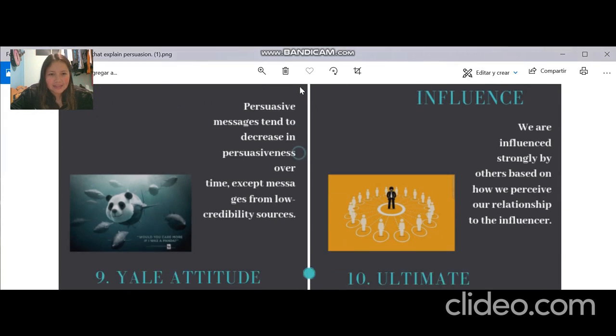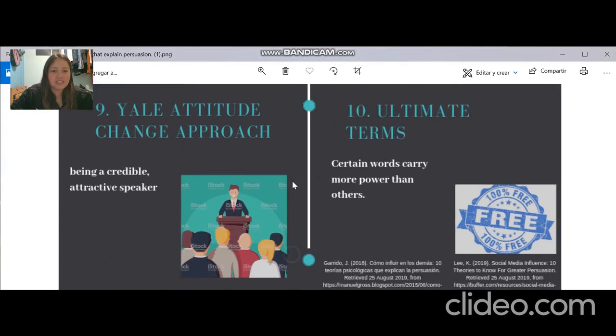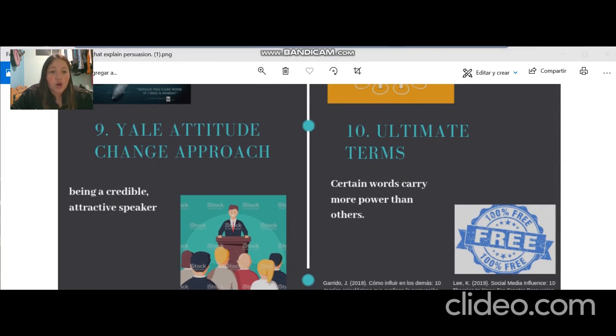Okay, and the ninth is the Yale attitude change approach. This approach, based on several years of Yale University research, found several factors that must be present in a persuasive discourse. The first is the speaker must be credible and attractive to the public.